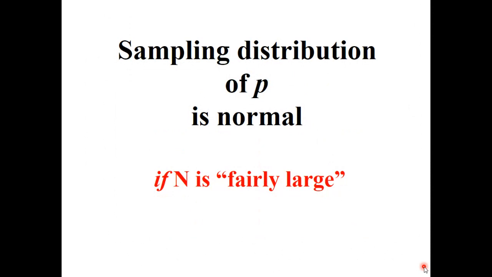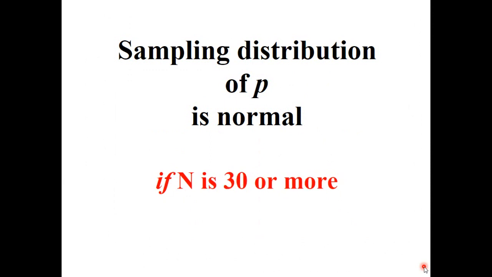Statisticians say that the sampling distribution of p is normal if n is fairly large. Now, you notice that this is a bit vague. What size of n is fairly large? For practical purposes, you can assume that the sampling distribution of p is normal if n is 30 or more.